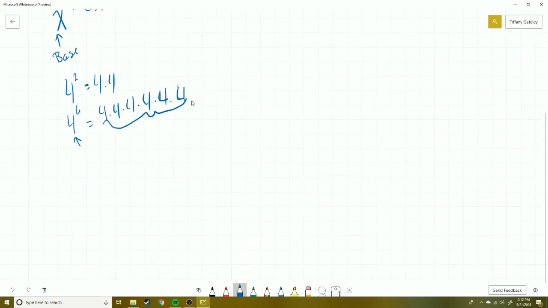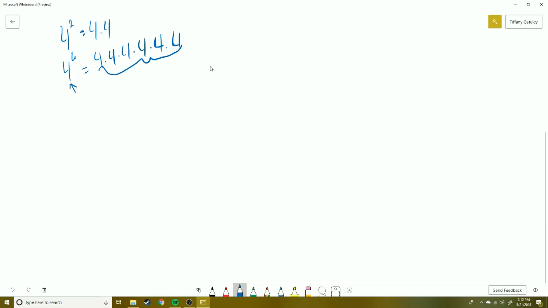And then we're going to also talk about negative exponents. So you can have a negative exponent, so you can have x to the negative n. And this is telling you how many times you divide 1 by that number. So 1 divided by x to the n.